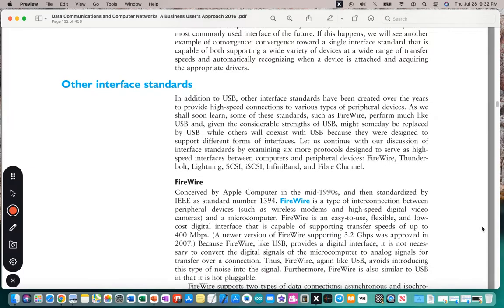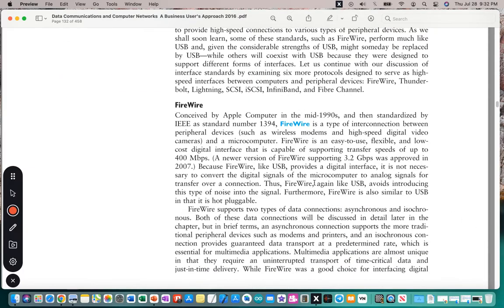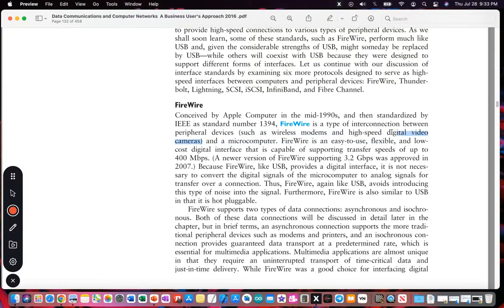Other interface standards: FireWire in the 90s. It's a type of interconnection between peripheral devices and a microcomputer, like high-speed digital video cameras.